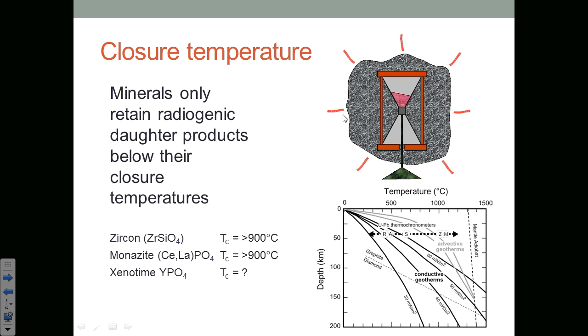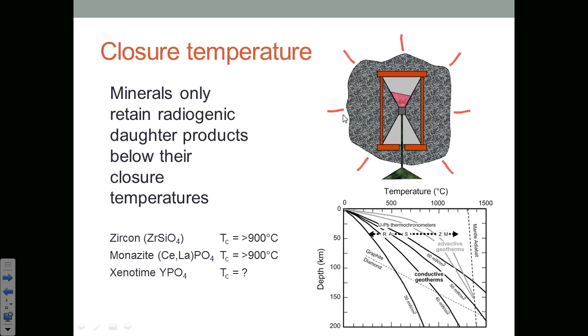And in that case, we effectively lose that daughter isotope. And when we go to measure the parent-daughter isotope ratio, we don't get a geologically meaningful age. Or in the case of certain minerals, what we actually obtain is a time at which that mineral cooled through a particular temperature that reflects when that mineral closed to that diffusion.